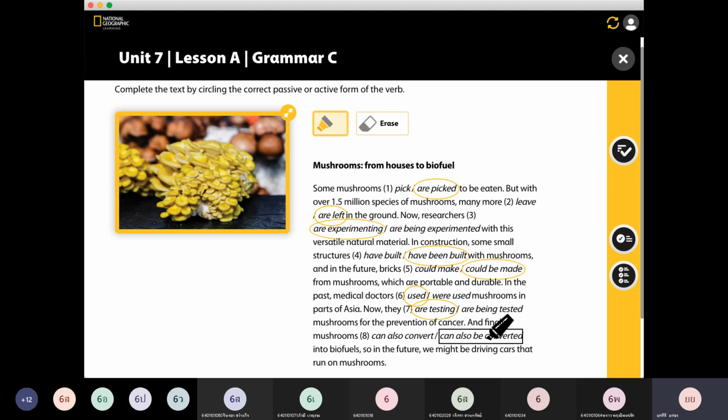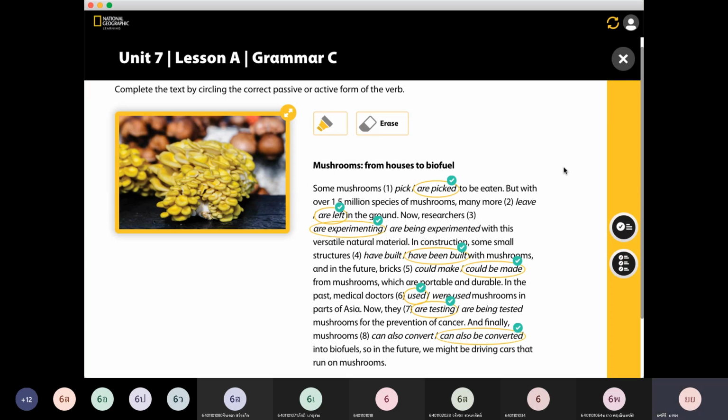All right, let's have a look. As you can see, you can guess that some of them have to be active and some of them have to be passive.